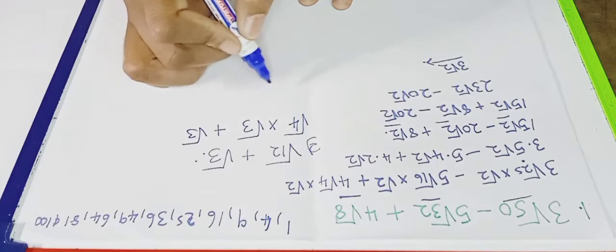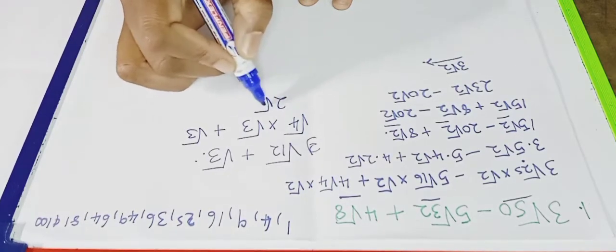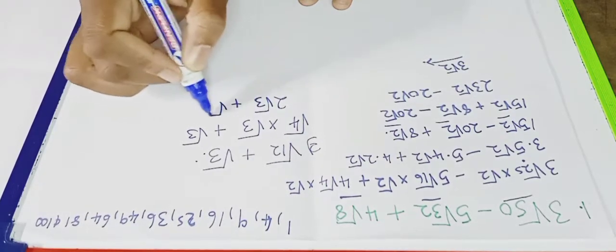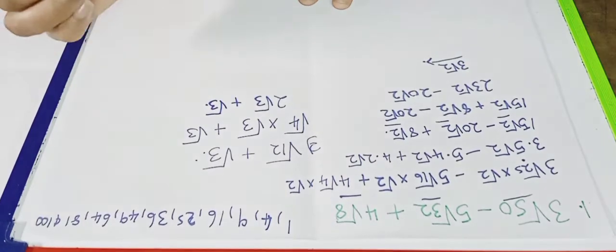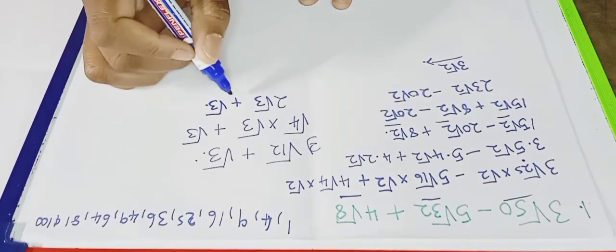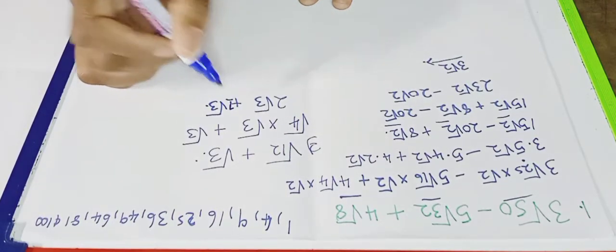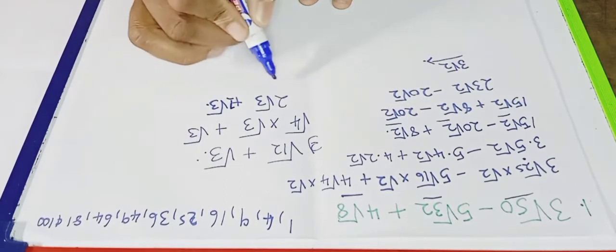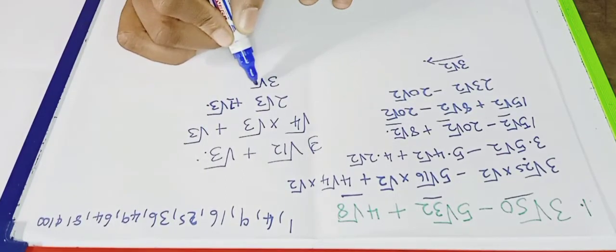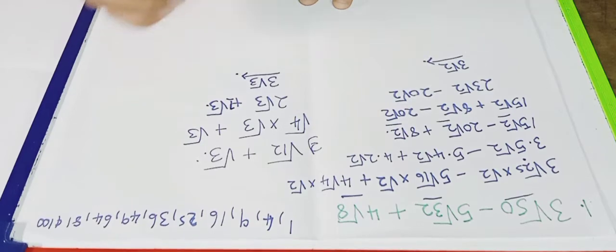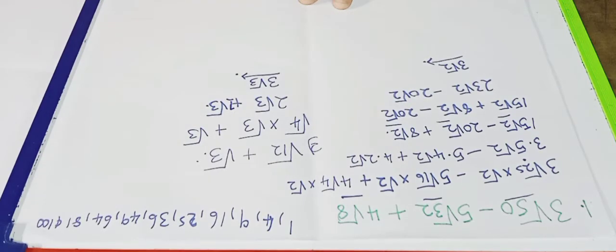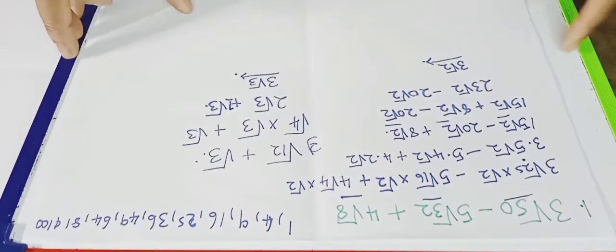The square root of 4 is 2, so we have 2 root 3 plus a root 3. 2 apples plus 1 apple. Root 3 is the same as 1 root 3. So our answer will be 3 root 3.